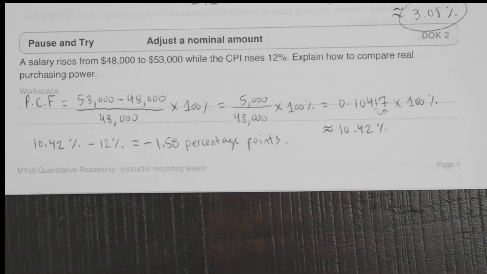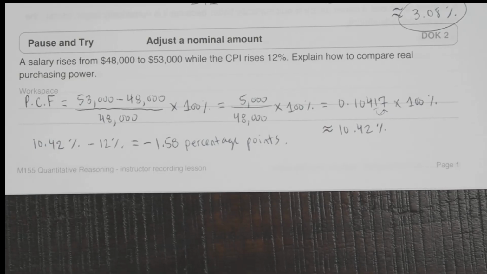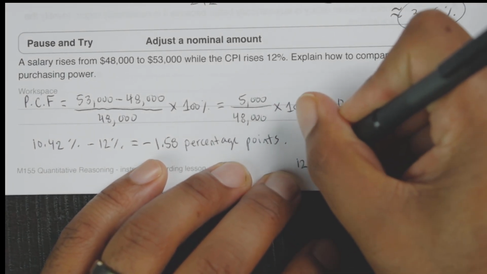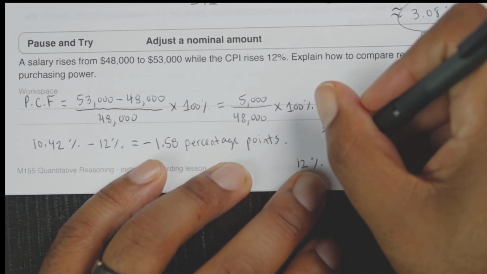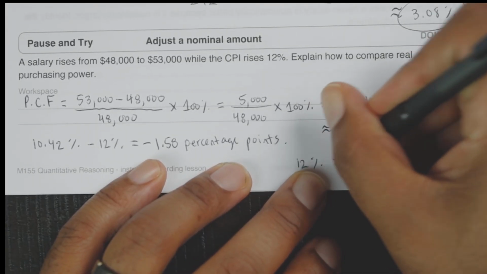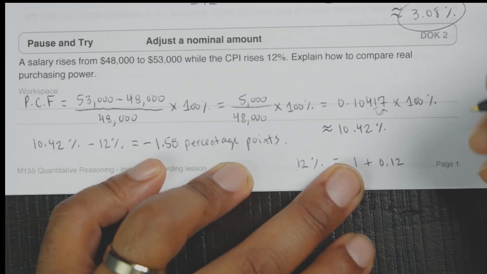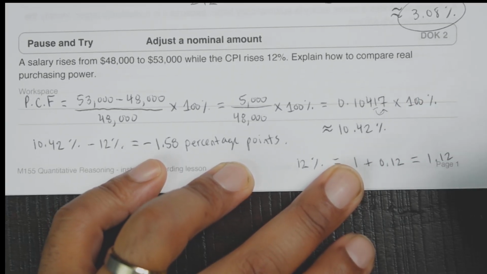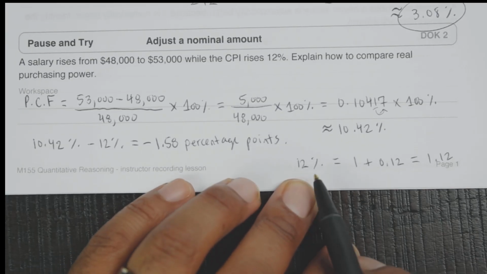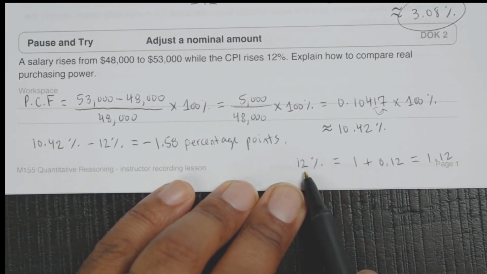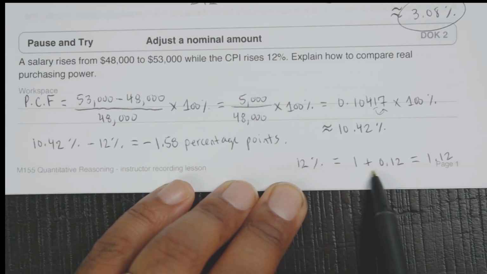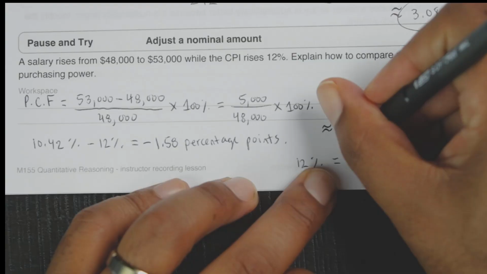So we can also make a more precise inflation adjustment. If the prices increase by 12%, then the inflation factor is actually the same as 1 plus 0.12, which is 1.12. Because 12%, essentially, is the inflation factor.